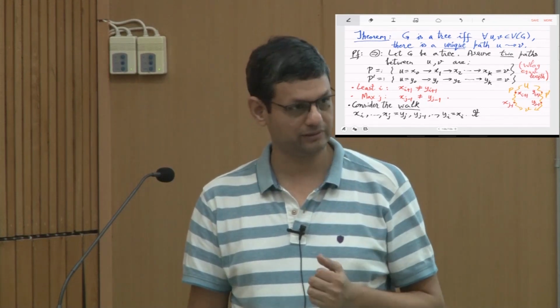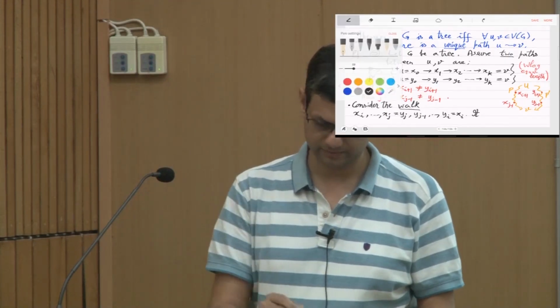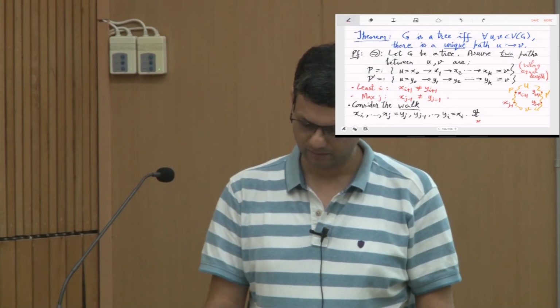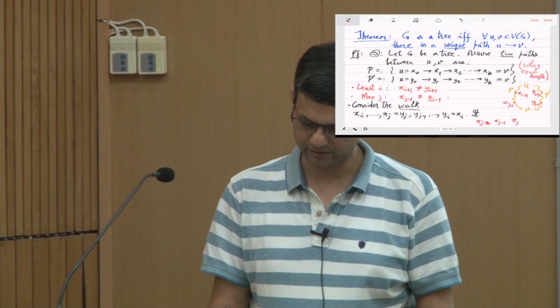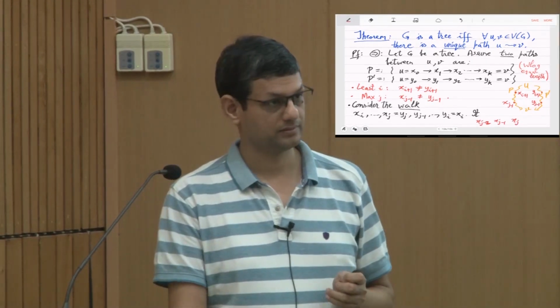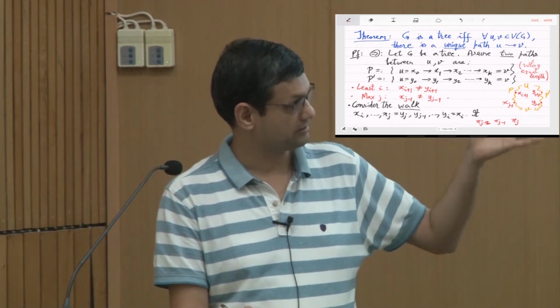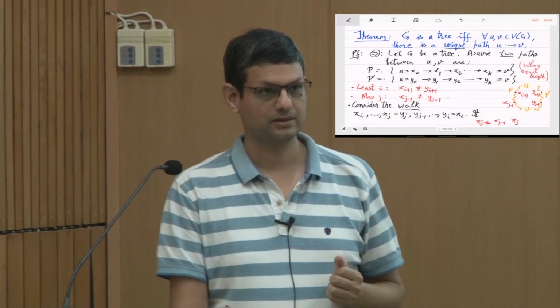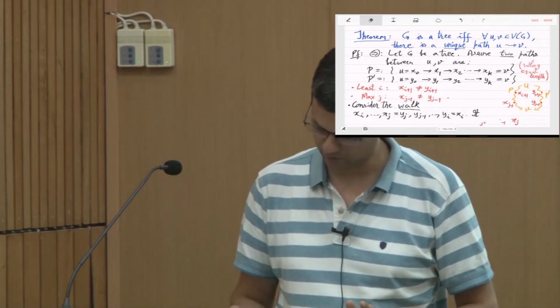What is the possibility for consecutive edges? So you have to look at j minus 2, j minus 1, and xj. These two edges have to be the same. Can they be? Well, they are in the x's. Inside the path, it cannot happen. It can only happen when you switch from x to y, so those things are automatically ruled out.